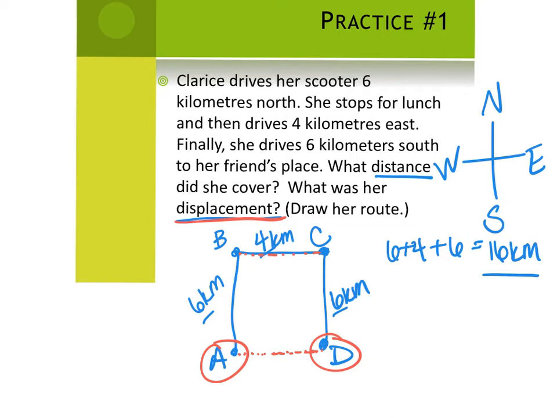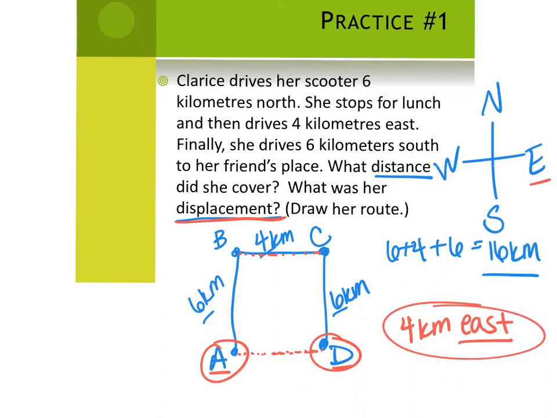I've basically made a rectangle. So her displacement would be 4 kilometers east. If she started at A and she ends at D, D is 4 kilometers east of point A. So this is her displacement.